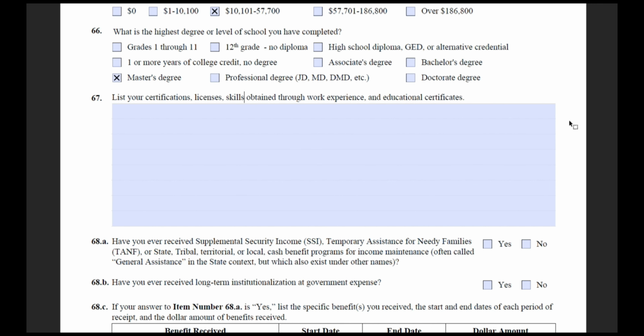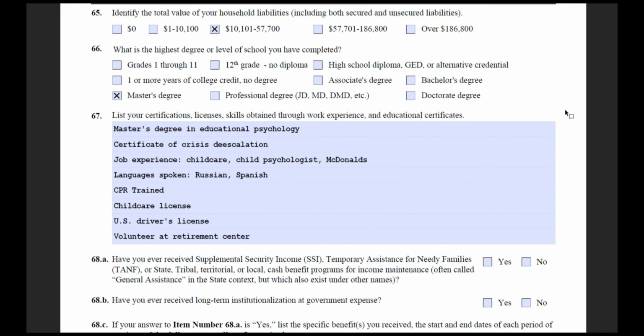Here you can also count any skills that you obtained from volunteering and even unpaid opportunities. Here's just an example of skills and experiences that I have listed for the purposes of this form. You're welcome to pause and compare and see if there is anything else that you would like to add.